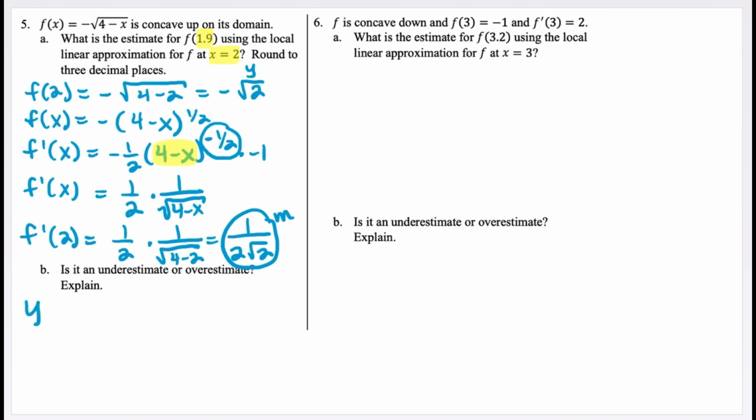So I'm going to do y minus the y value, which is negative square root of 2, so that's going to turn into a plus the square root of 2 equals the m, which is 1 over 2 square roots of 2 times x minus the x value, which is 2. And then I'm going to be evaluating this at 1.9 because that's what I'm doing my local linear approximation at. So I'm going to rewrite this first before I plug it in.